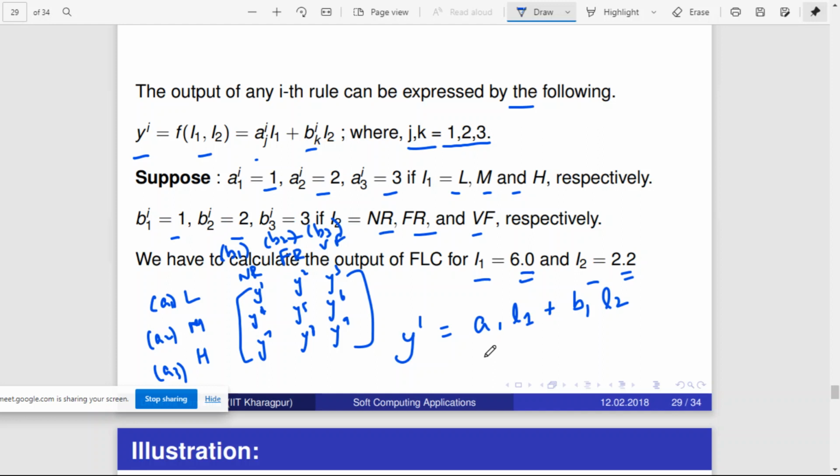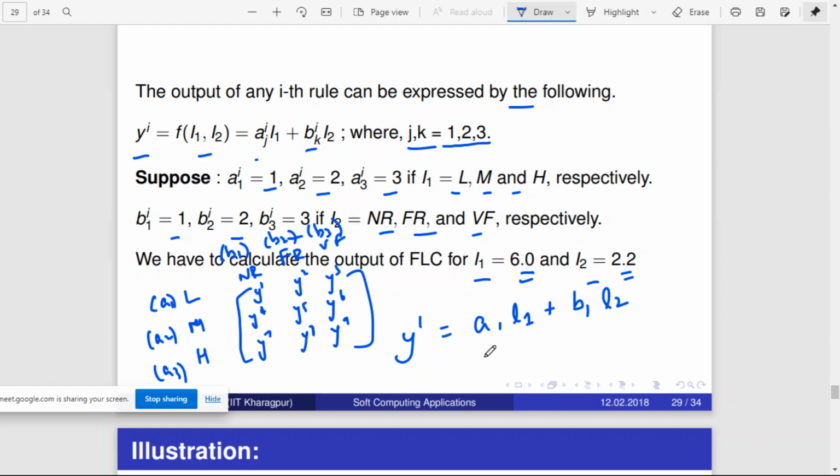Similarly, for Y2 it is A1 and B2, so it is A1 I1 plus B2 I2. A1 will be 1 whereas B2 will be 2. So it will be I1 plus 2 I2, right?